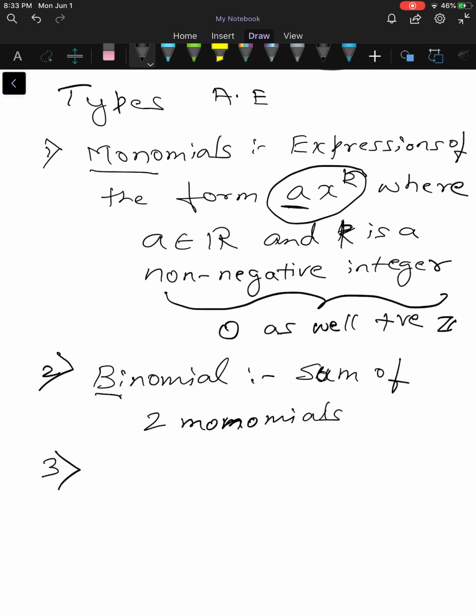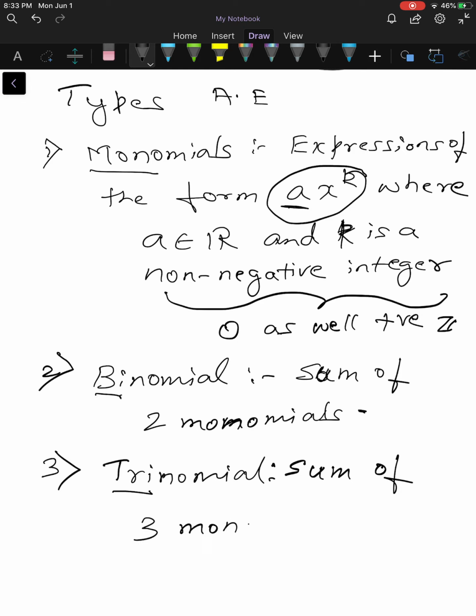Third one, our numbering as well as the type is matching. So, trinomial. Tri means 3. Here, in the same way as we did here, it would be the sum of 3 monomials.